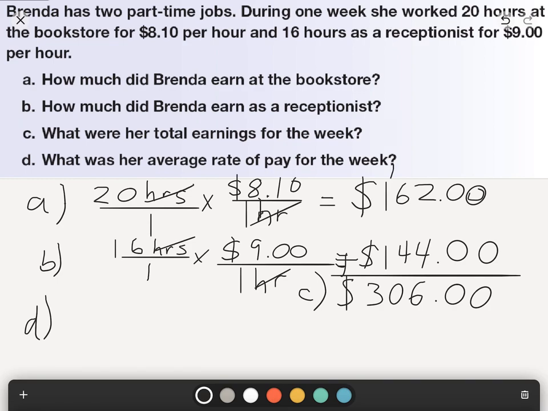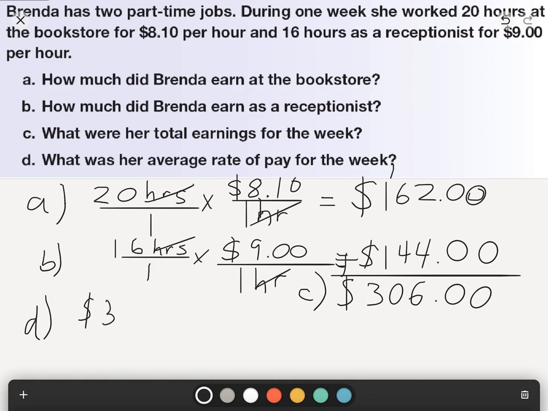What was the average amount she made per hour? Average rate of pay. Yeah, rate of pay are these things, so $8.10 an hour, $9 an hour. That is rate of pay. So if they say rate of pay, they're asking how much like an hour.